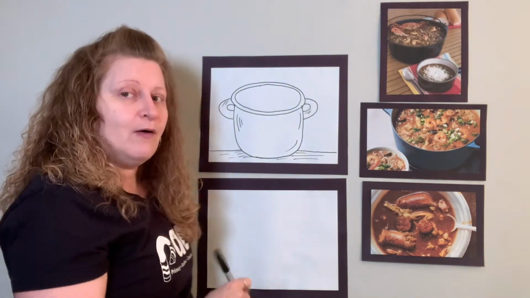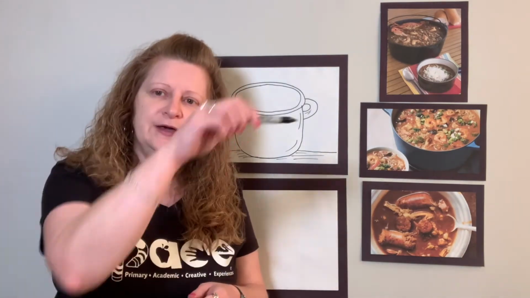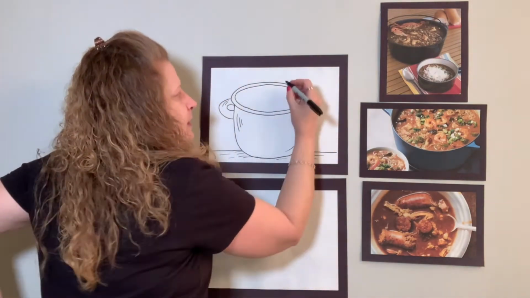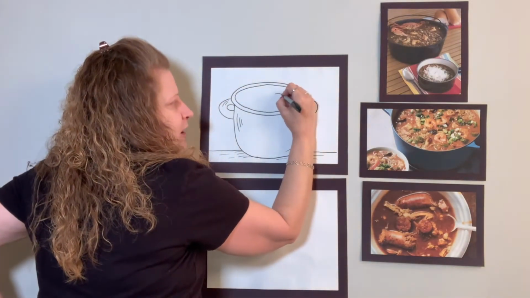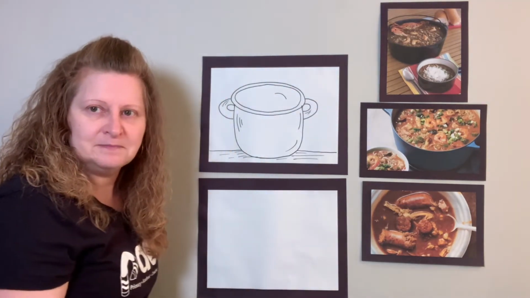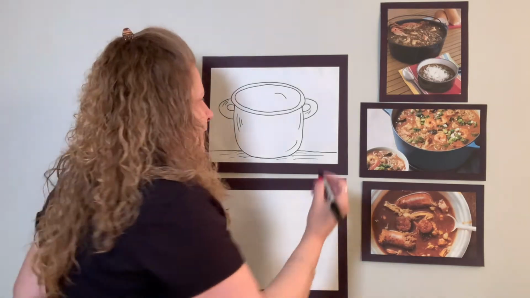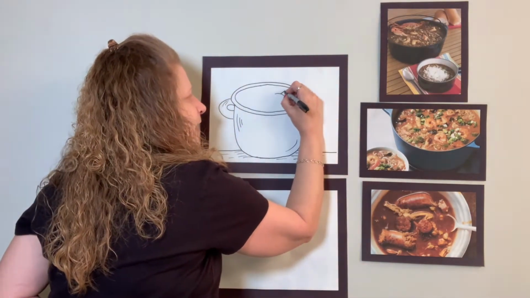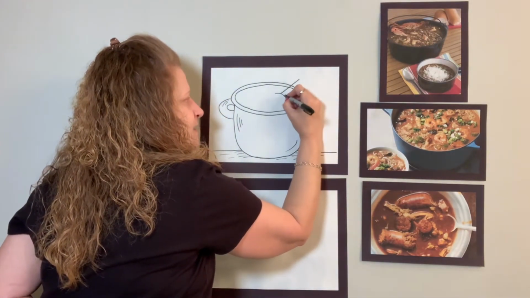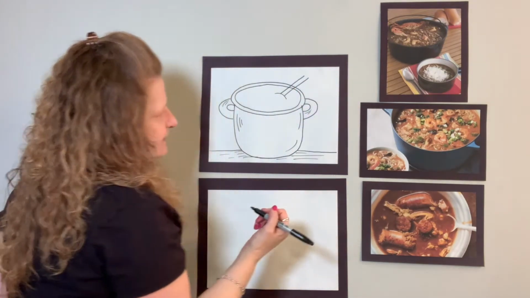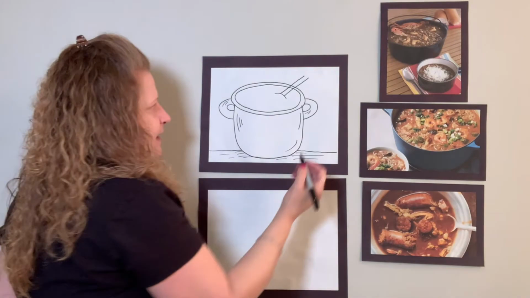All right, now when we make a gumbo, we use something to stir the gumbo, and that's usually a really big spoon. So right here, I'm going to draw a curved line because I'm going to draw my spoon from that curved line. Now watch this. I'm going to draw a straight line and another straight line, just like this, one right next to the other.